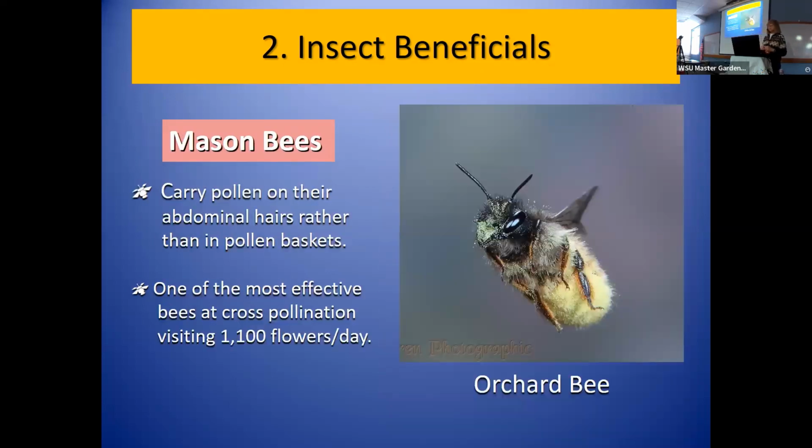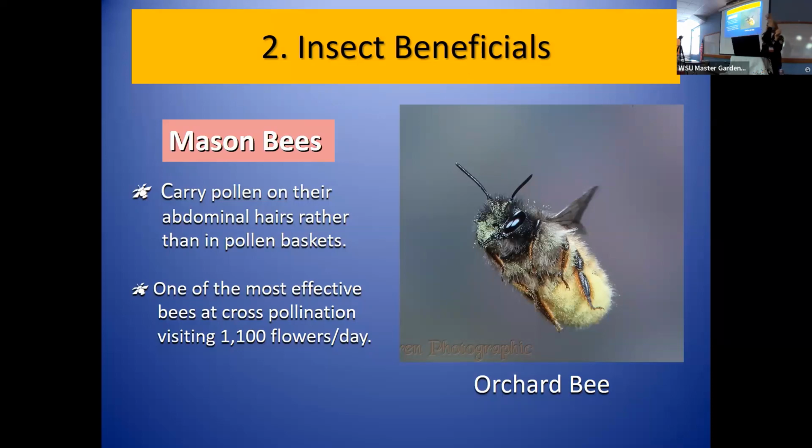Now, one of the reasons that they are such a good pollinator is the fact that they carry pollen on their abdominal hairs. So see all of this area right here? That's where they will carry the pollen. So now think about a mason bee that's buzzing around and it's moving through an orchard and it sees a flower and it lands right on it. Well, some of the pollen from that flower now will get attached to those abdominal hairs.